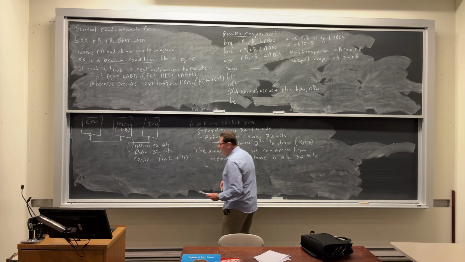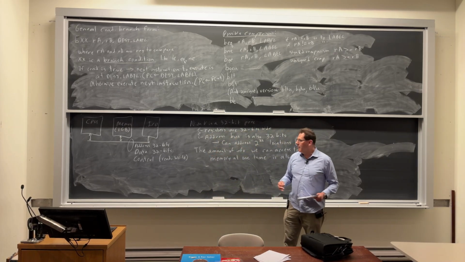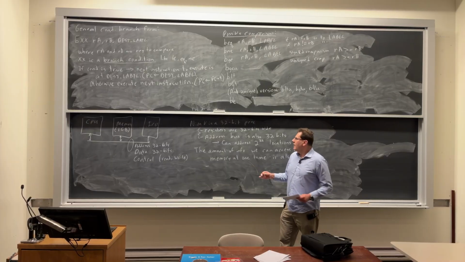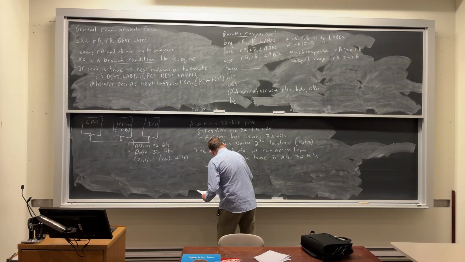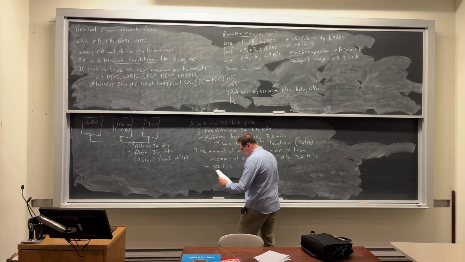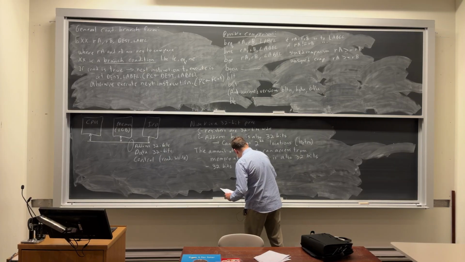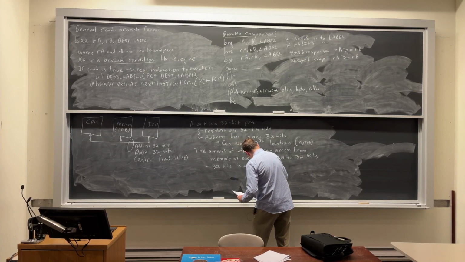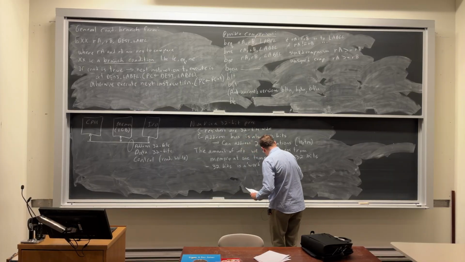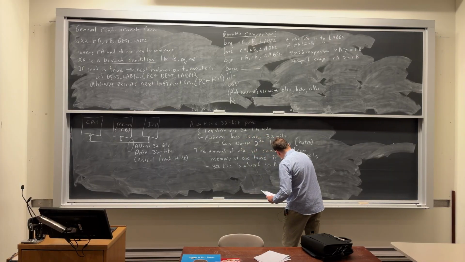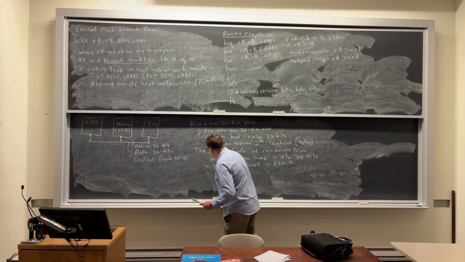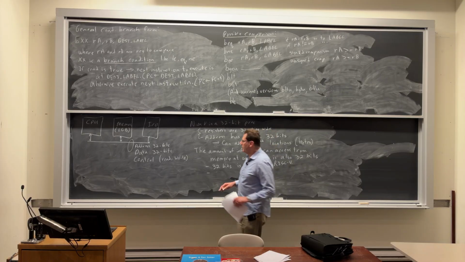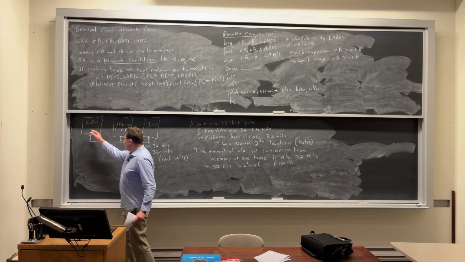Okay, RISC-V gives a special name to 32 bits. It calls it a word. And we give it this name because it's basically a convenient amount of data.